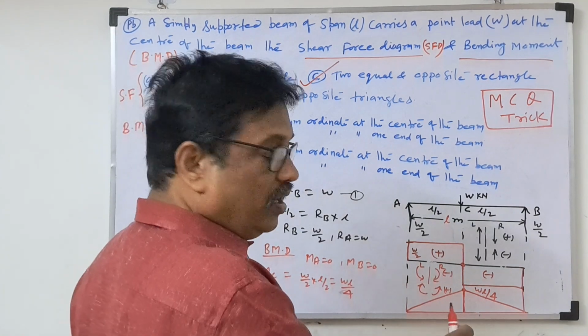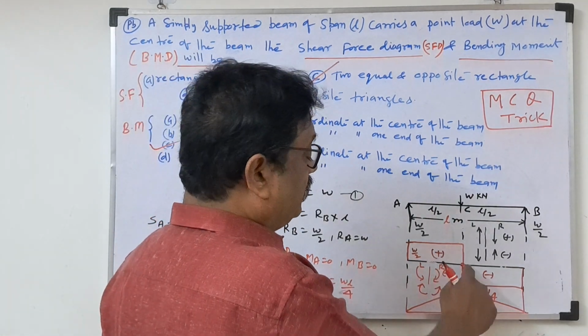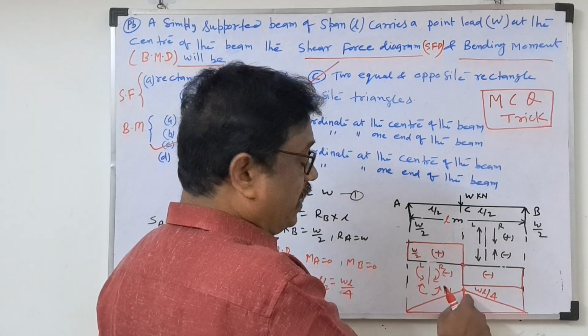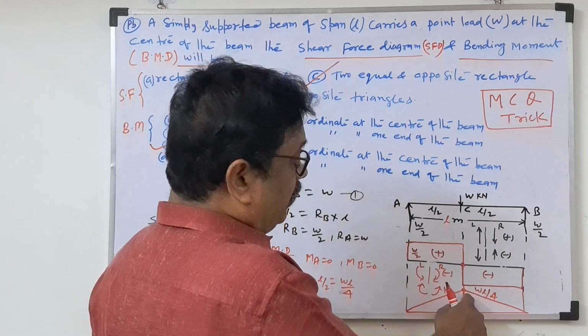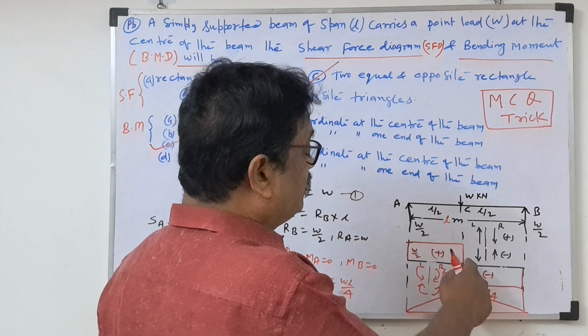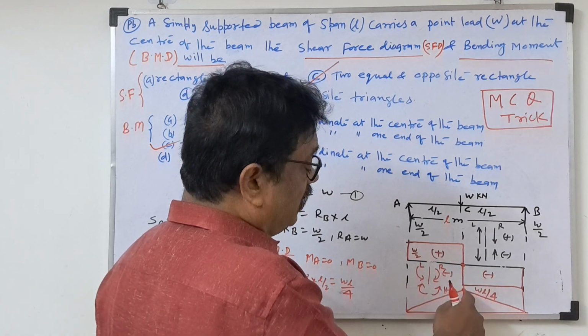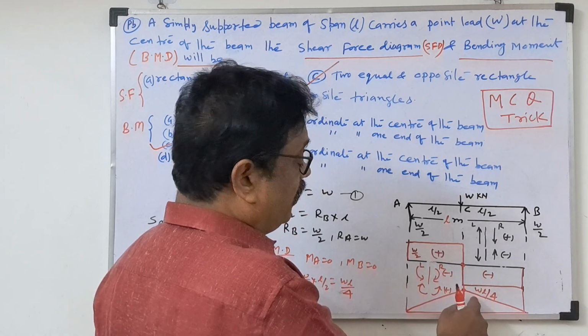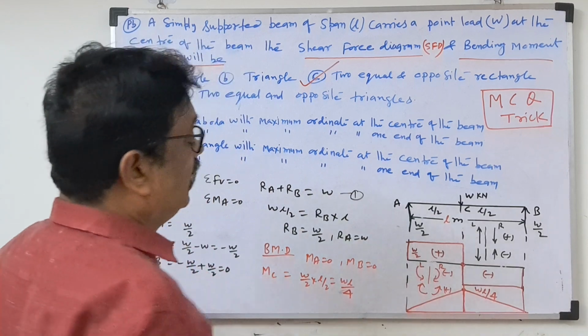If that choice is not given, then where the shear force is 0, the bending moment will be the maximum. The part where the shear force is 0 and changes sign is where the maximum bending moment is. If they give two such choices, you can write it like this.